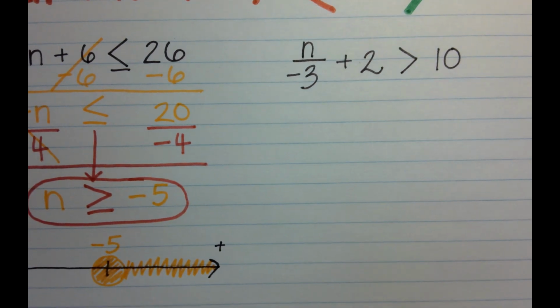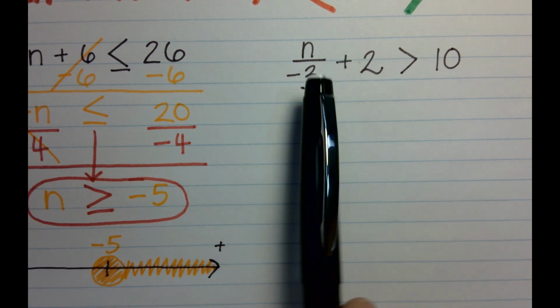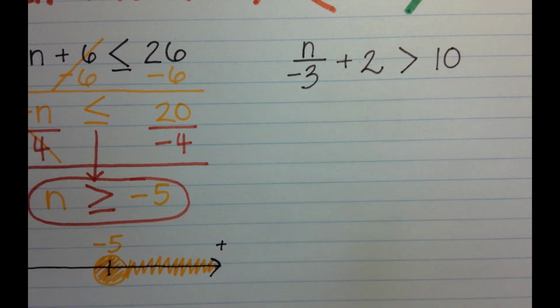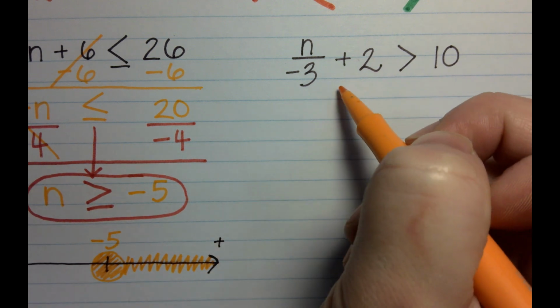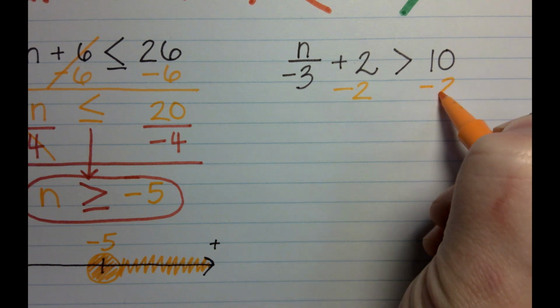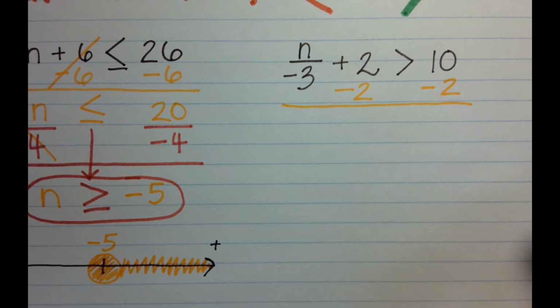Okay. So this is another two-step inequality. We've got two operations: division, we're dividing by -3, and addition, we're adding 2. What would I do first? I think get rid of the 2. Yeah, take the 2 away. -2, -2. What would I do next?